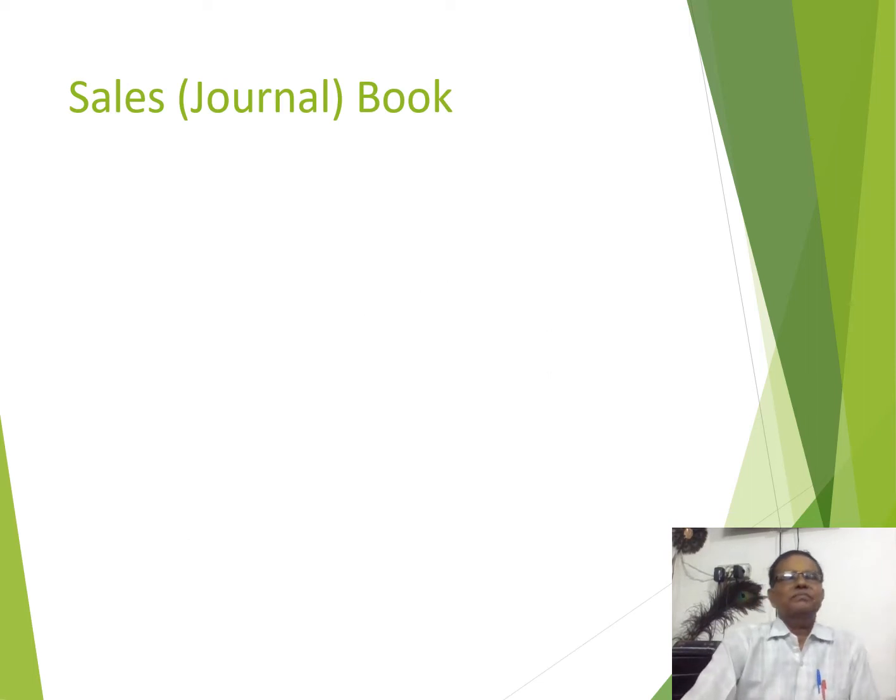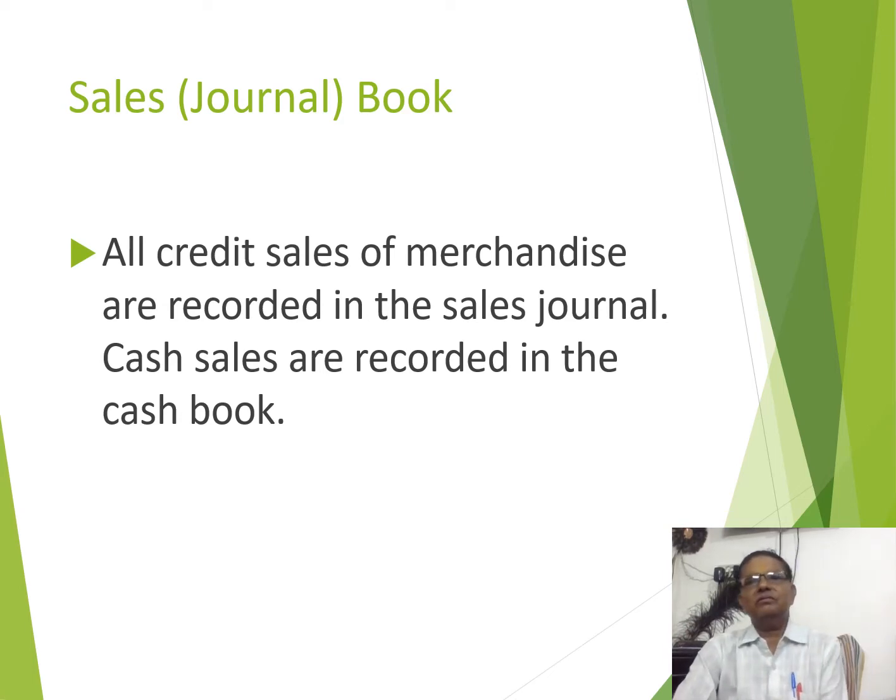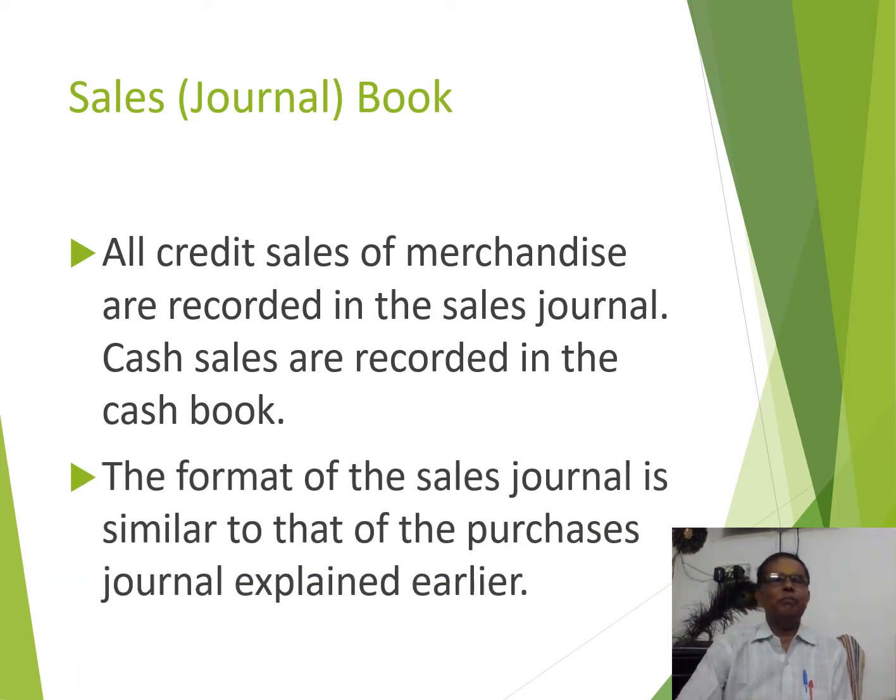Next one is the sales journal book. Like the purchase journal book, all credit sales of merchandise are recorded in the sales journal. Cash sales are recorded in the cash book, as we know. The format of the sales journal is similar to that of the purchase journal as explained earlier.